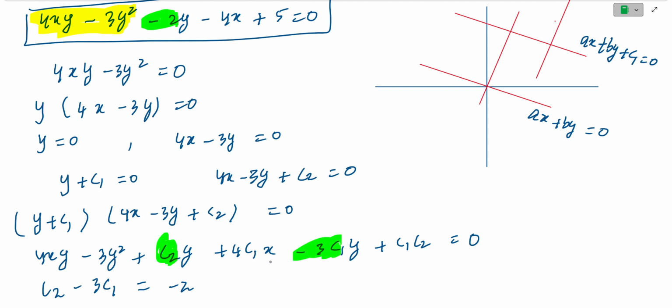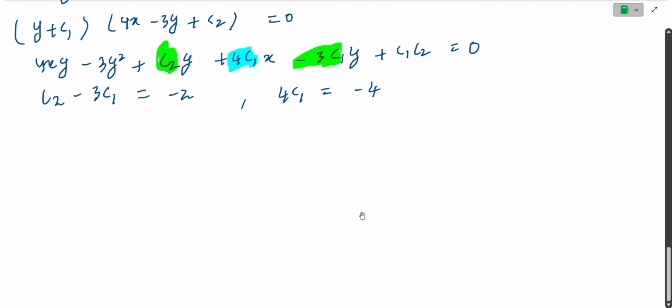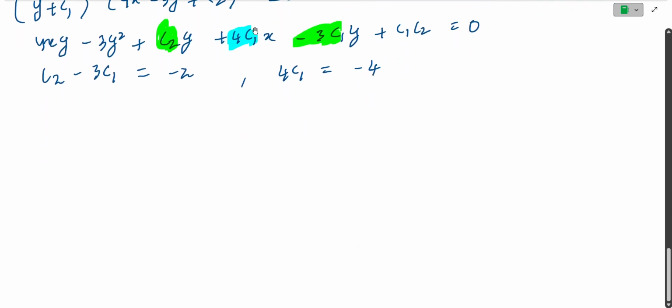I can compare the x coefficient also. There is only one x term here, that is 4c1, which will be equated to minus 4. So 4c1 is equal to minus 4, which means the c1 value is minus 1.